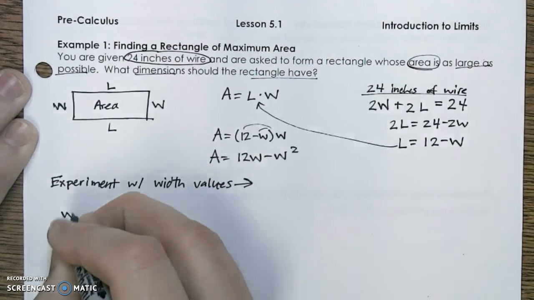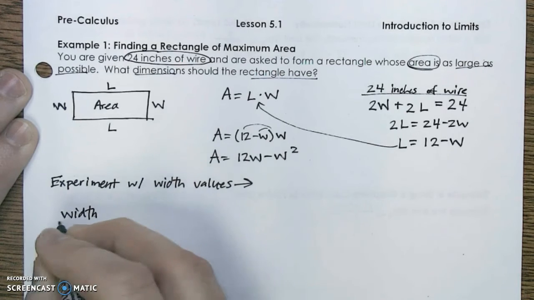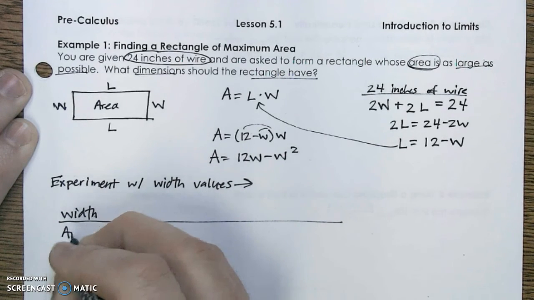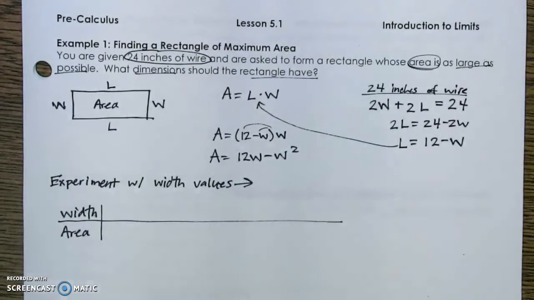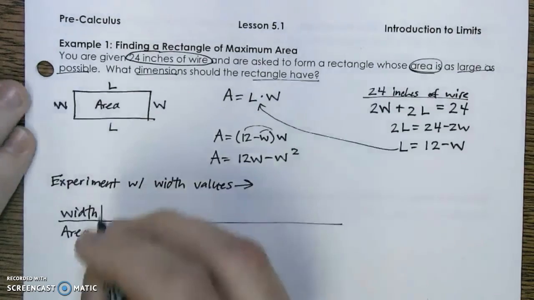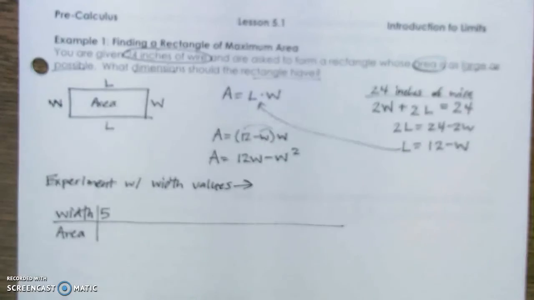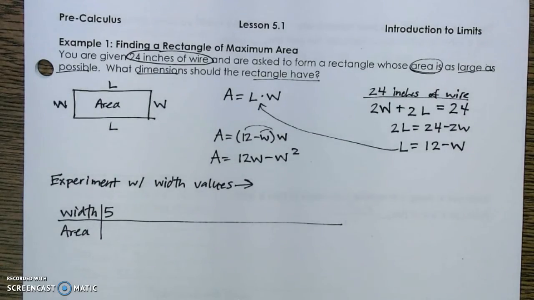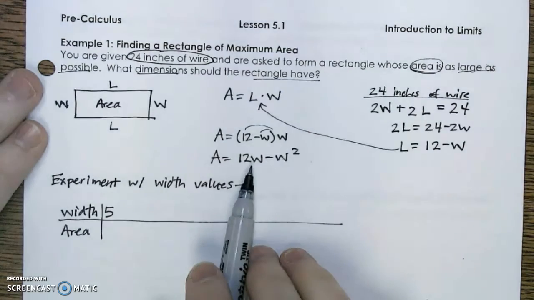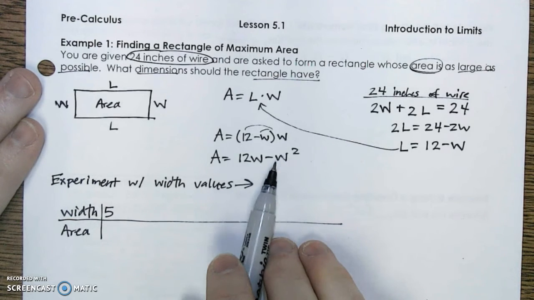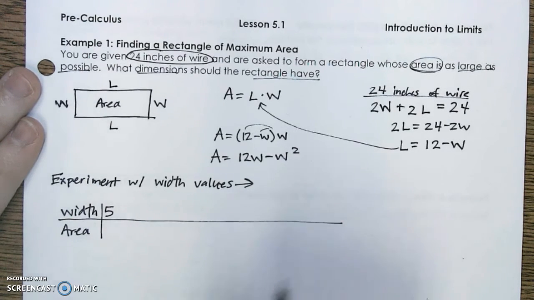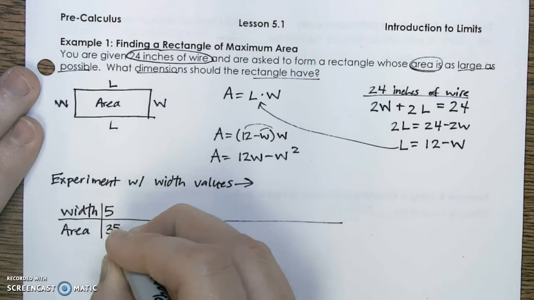I'm going to make a table of widths and the area that would go with them. I'm going to try 5. What if my width is 5? If I plug in 5 here, I get 12 times 5 minus 5 squared, and I end up getting an area of 35.